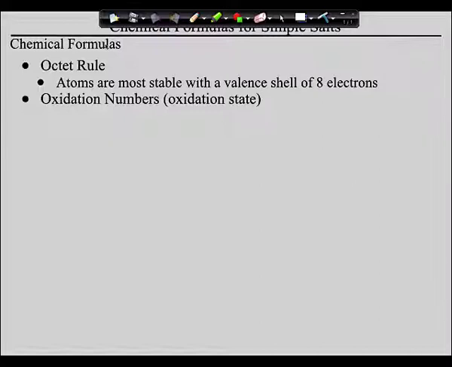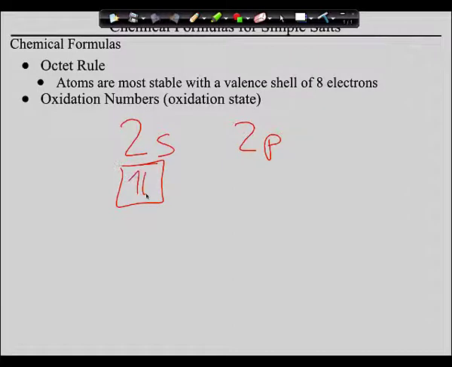Let me show you this. Let me see if I can do this on the board. These are the valence electrons for carbon. We've got 2s and we've got 2p. And it's got 2 electrons in the s and it's got 2 electrons in the p. So what do you suppose is going on when carbon goes +2?